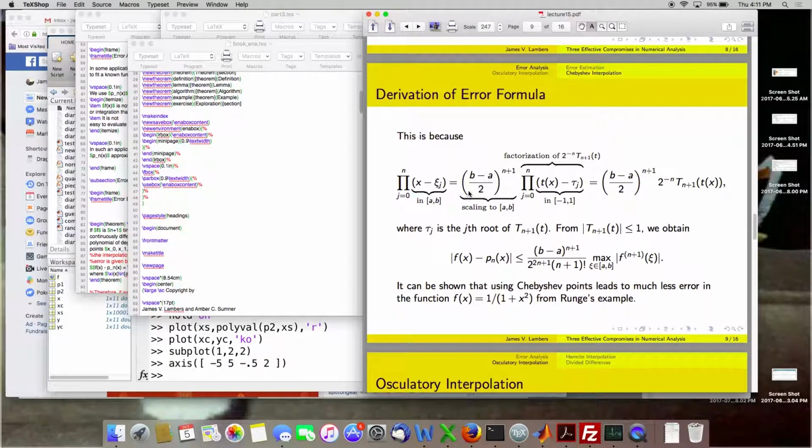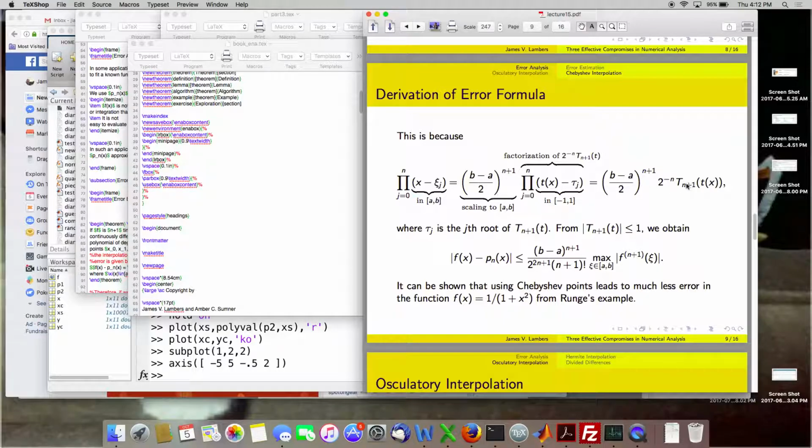So this scaling factor multiplies in each of these factors. That's why I have n plus 1 factors. That's why I have this raised to the n plus 1 power. So that's how this part of the error formula becomes this.